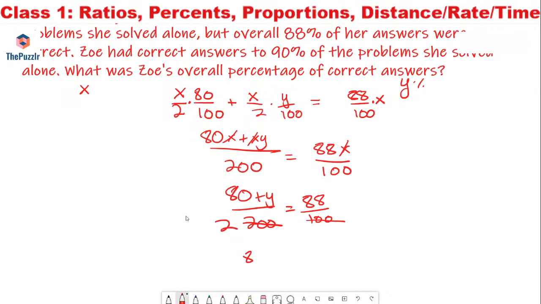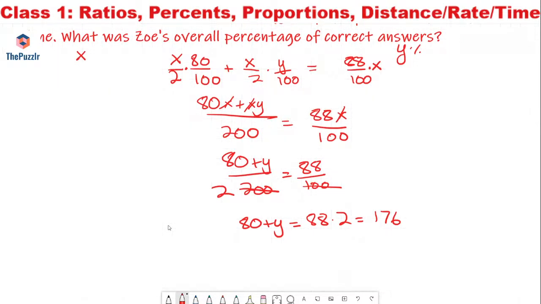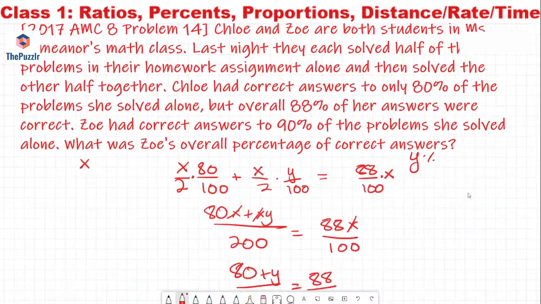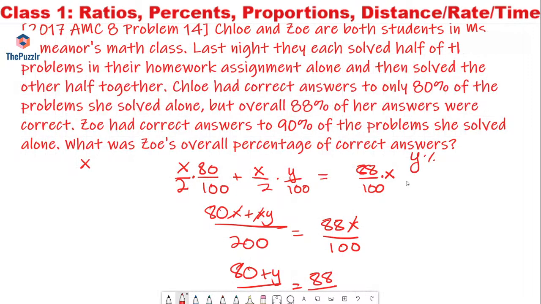Now we cross multiply, so 80 plus y is equal to 88 times 2, which is 176. So y is equal to 96%. So the percent of problems that they solved together and got correct is 96%. Where do we get that? We put it here: Y% is equal to 96.